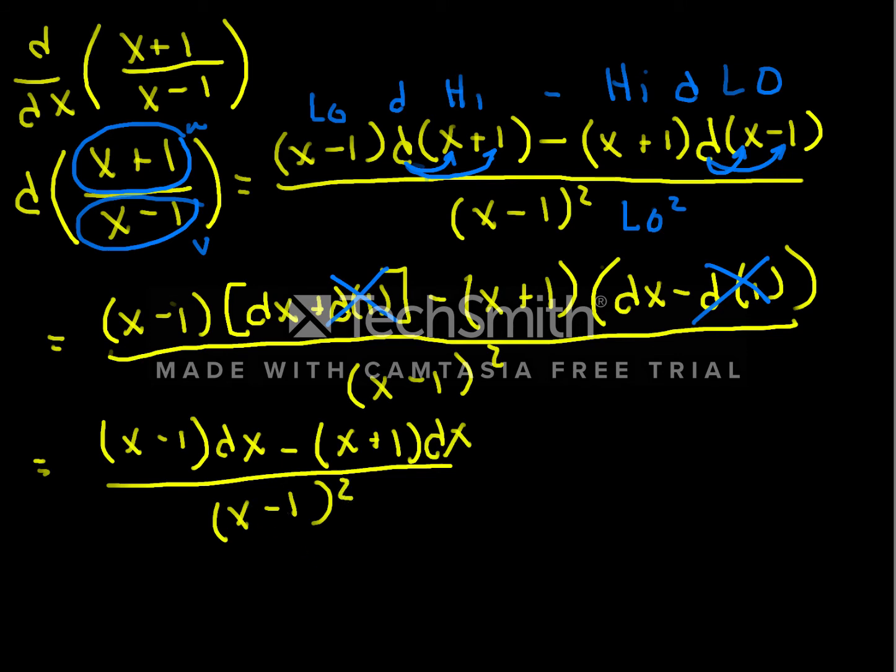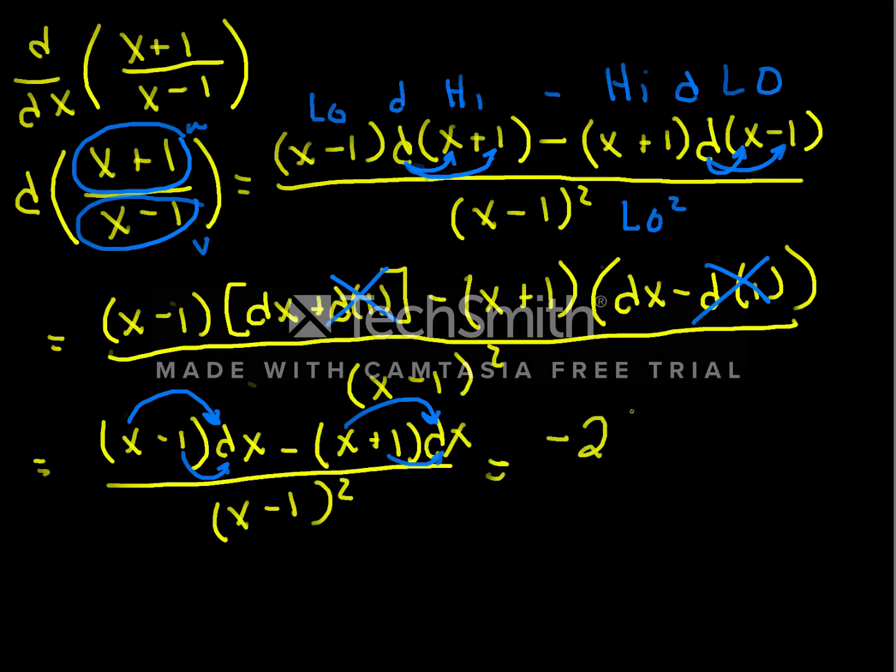And we could clean this up a little bit. When we distribute through, we'll have a positive x dx, and we'll be subtracting a positive x dx, and here we'll have a negative 1 dx, and we'll also have another negative 1 dx. So the numerator algebraically simplifies to simply negative 2 dx.